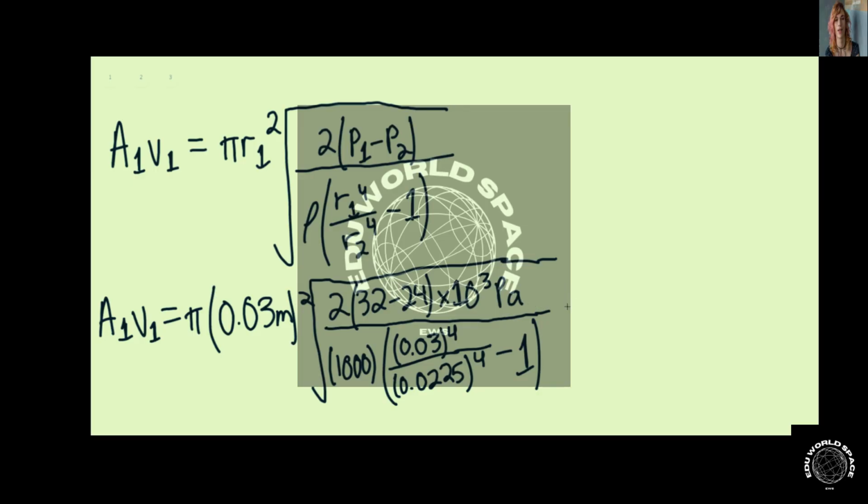And we have that the volumetric flow rate is going to be equal to 7.7 times 10 to the negative third cubic meters per second.